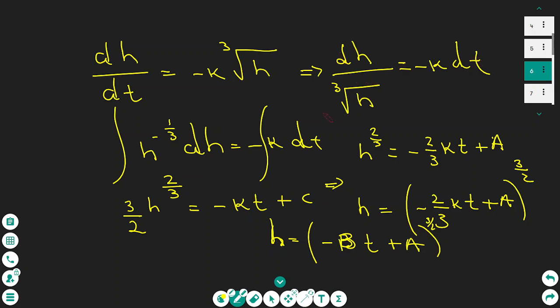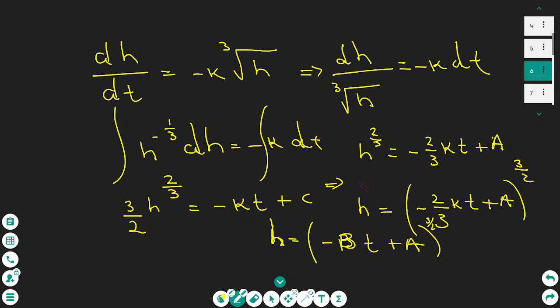And before integrating, I need to write the h as a power. So I write the h as a power of minus 1/3, and I start the process of integration. And this gives me 3 over 2 h to the power of 2 over 3, and the right hand side is minus kt plus c. The next thing to do is to multiply both sides by 2/3, and I have this equation. And the next thing to do is to raise both sides to the power of 3 over 2, because I want to make the power of h 1.